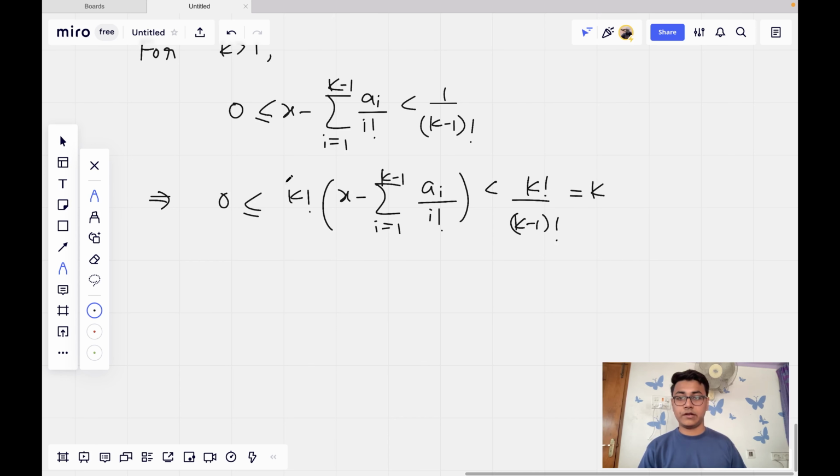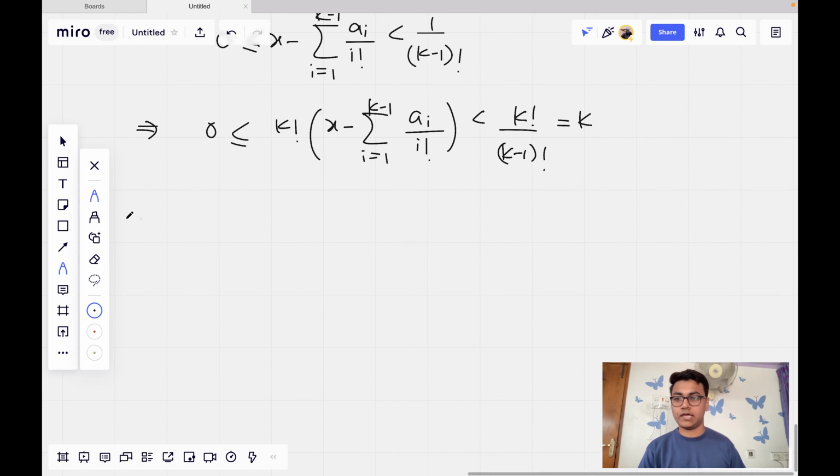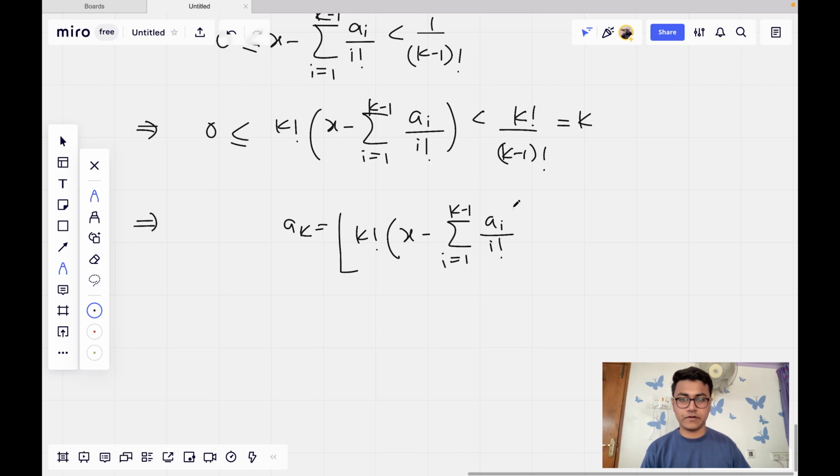And you will recognize that the floor of this quantity is equal to a_k. So a_k equals the floor of k factorial times x minus the sum over i equals 1 to k minus 1 of a_i by i factorial. This is less than or equal to k minus 1 and greater than or equal to 0. And we are done.